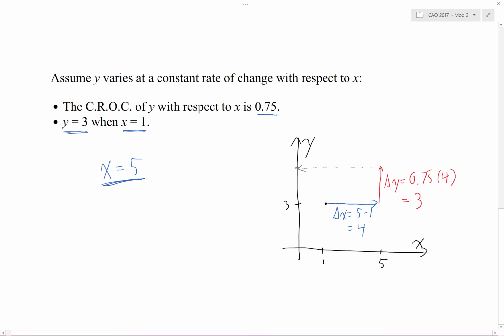We can actually compute this value of y. We can think about this as starting at an initial value of y of 3, and y changed by 3. So this new value of y is 3 plus delta y, which is equal to 6 because our change in y was 3. So when x equals 5, we can say that y is equal to 6.